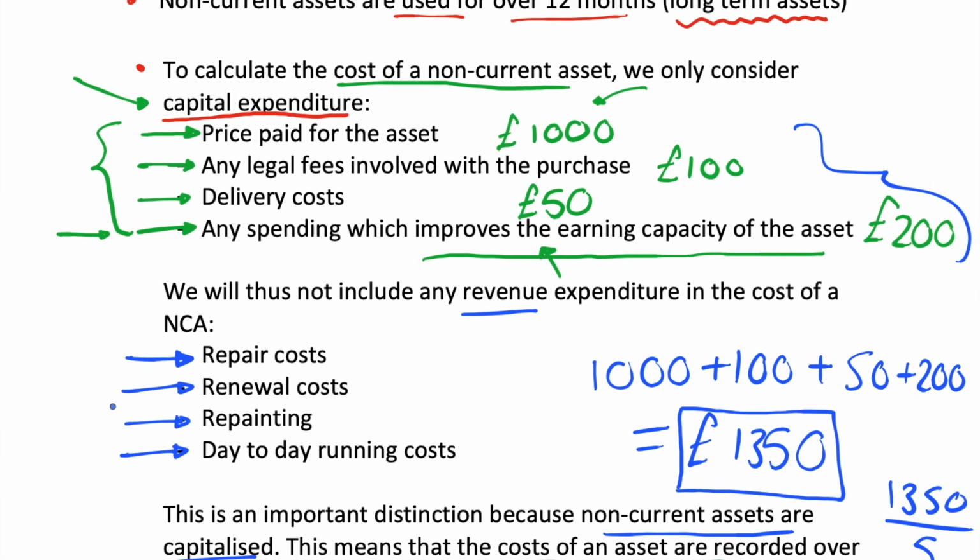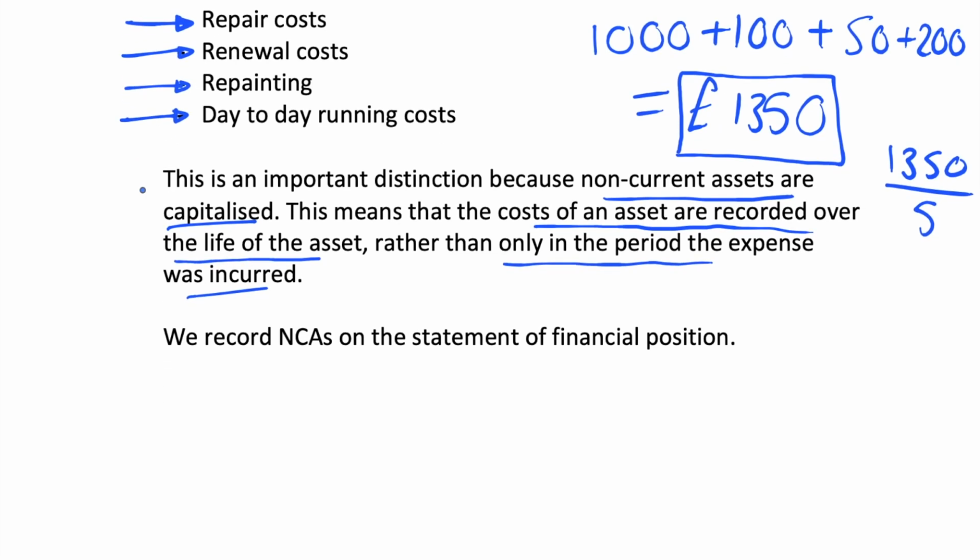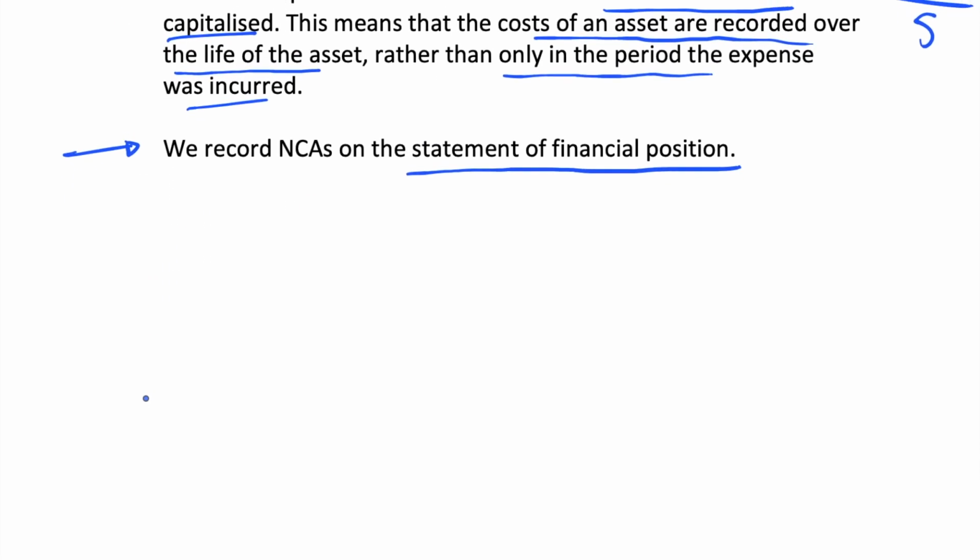This video was just meant to cover the basics of how we define the cost, and we're looking at these 4 things here. And the final point here, which I think I've just mentioned, we record non-current assets and the cost of them on the statement of financial position, which again we have discussed in a previous video, so I won't go into more detail on that.